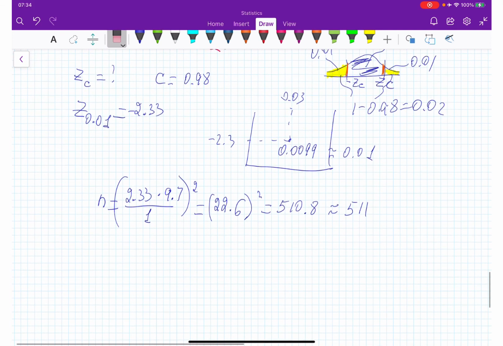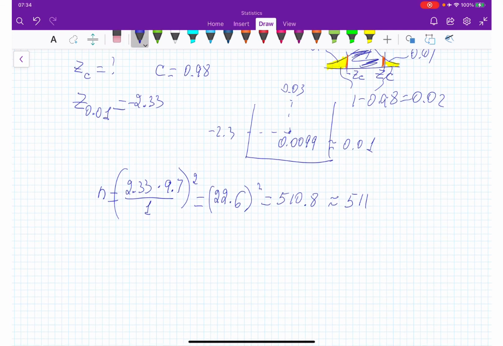Okay, question number 8. Let's see what we have here. It's going to be similar, minimum sample size for the given confidence level, which is 0.9.